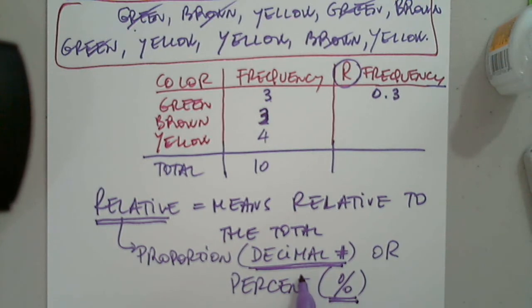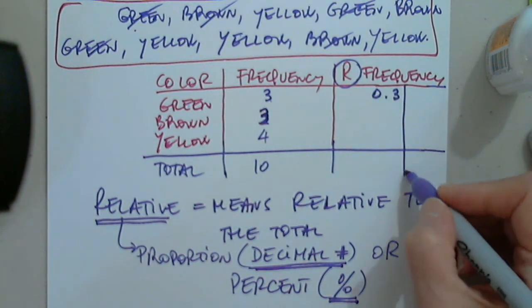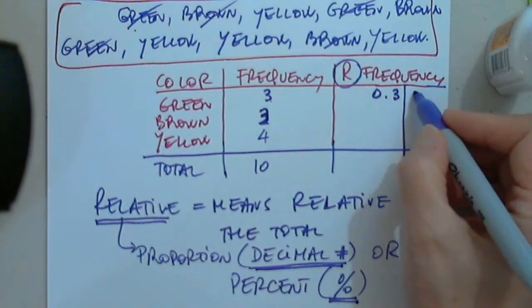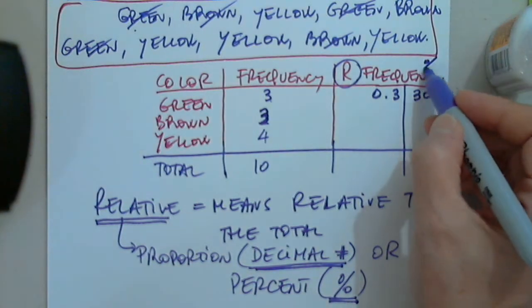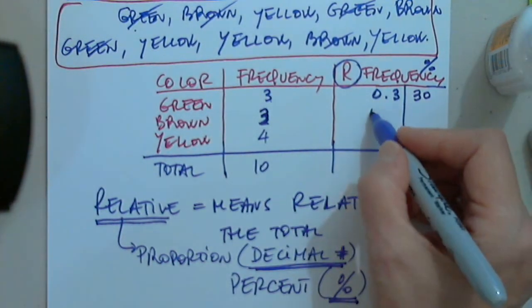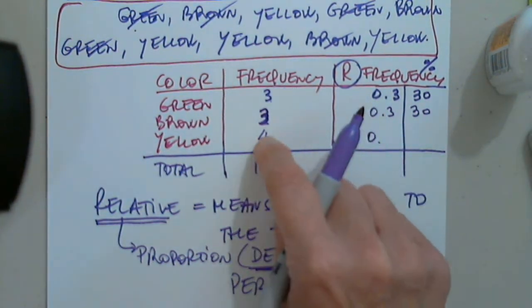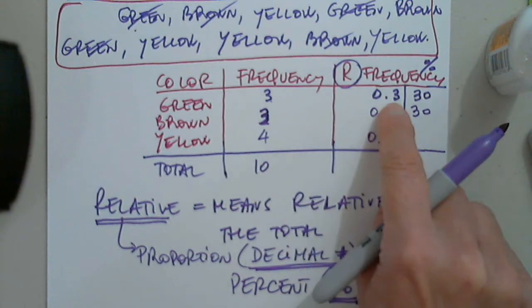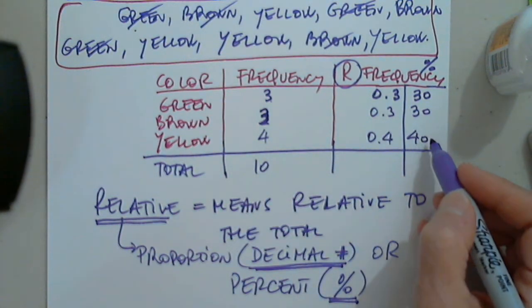If it's in a decimal form, let me put both here. So this will be 30%. That's why we discussed percent on the first day of classes. So this is in percent, this is in decimal. Again, this is the same, 0.3 and 30%, and this is 0.4, 4 divided by 10, so this is 40%.